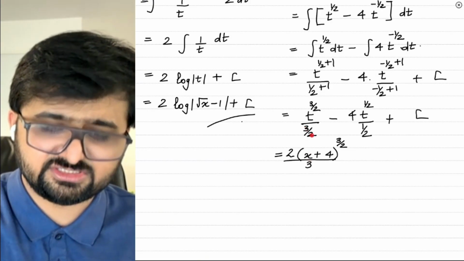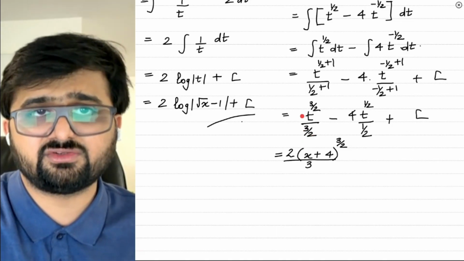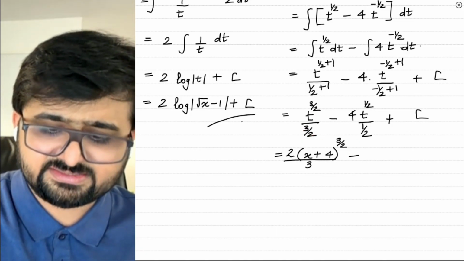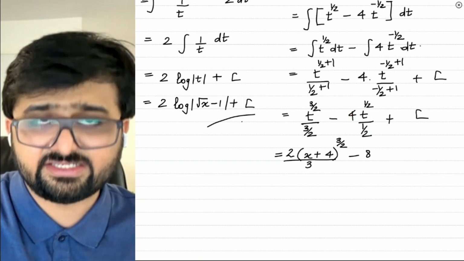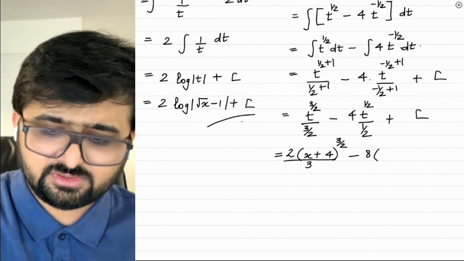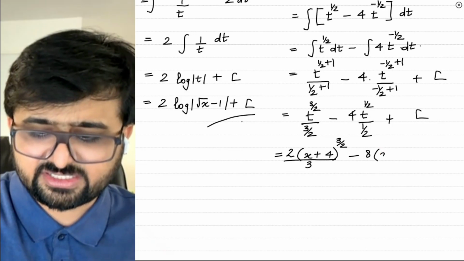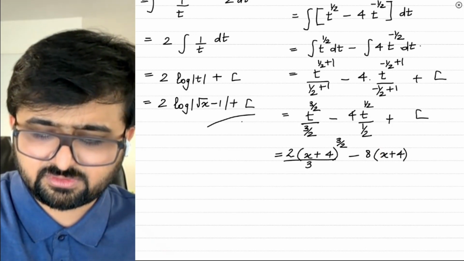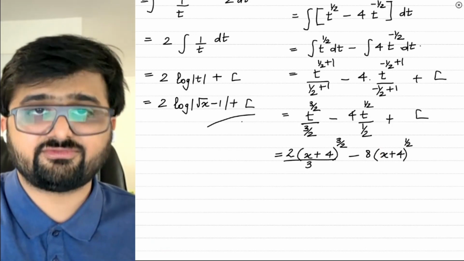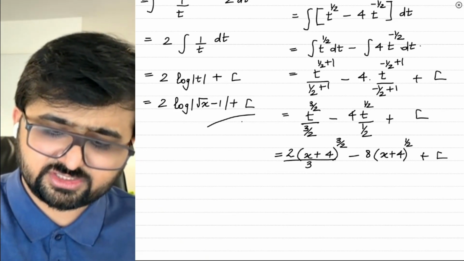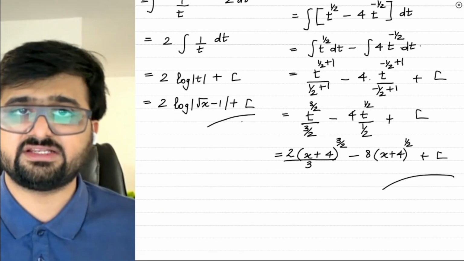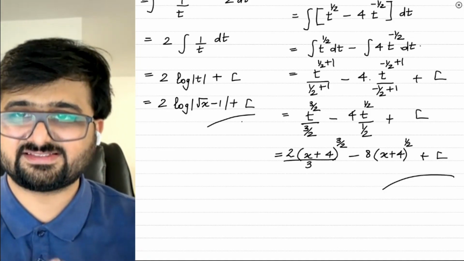Minus, again, this 2 is in the denominator, the denominator goes in the numerator and becomes 8 along with this 4. And this t is nothing but x plus 4 to the power half. Plus constant of integration c, and that's your final result. I hope that makes sense.